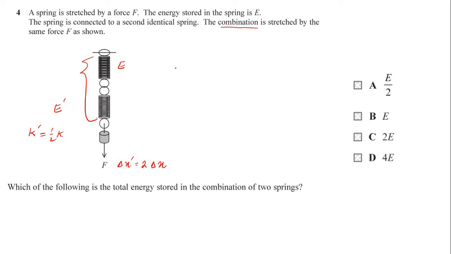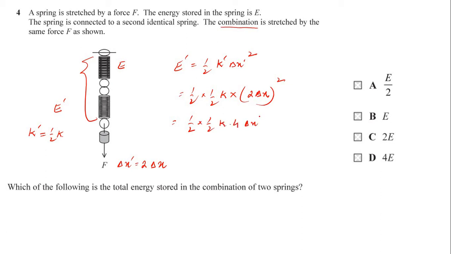So now you can figure out the new energy E dash is equal to half k dash delta x dash whole squared. Now k dash is half of the original value of k, and delta x dash squared is twice delta x, whole squared. I am not just multiplying, I am simplifying in terms of E. So half of k into 4 into delta x squared.